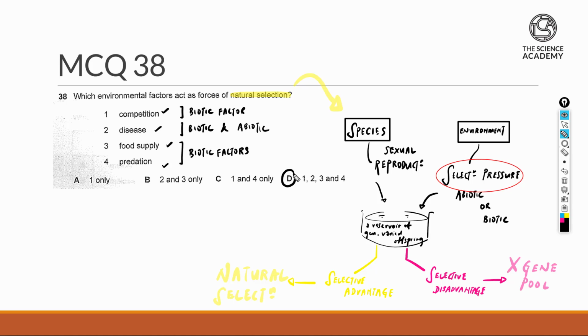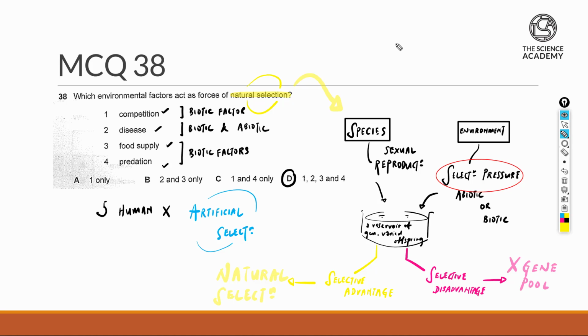Now, we do not mistake that for human intervention. If, let's say, human was one of the pointers, we're not going to choose it, because humans don't act as forces for natural selection, but rather as forces for artificial selection. Just going on a tangent here, artificial selection is initiated by humans, while natural selection is initiated by the environment itself.